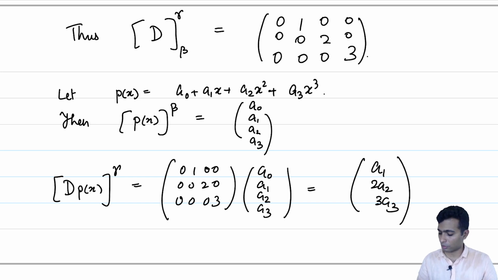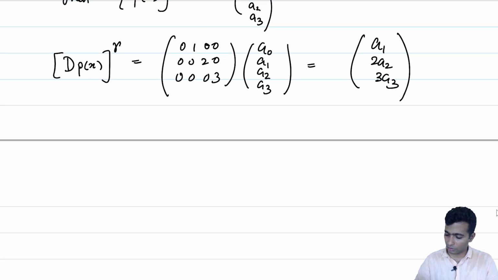It should be a 3 cross 1 column vector, because we are ending up in P2 of R, which is a 3-dimensional vector space.